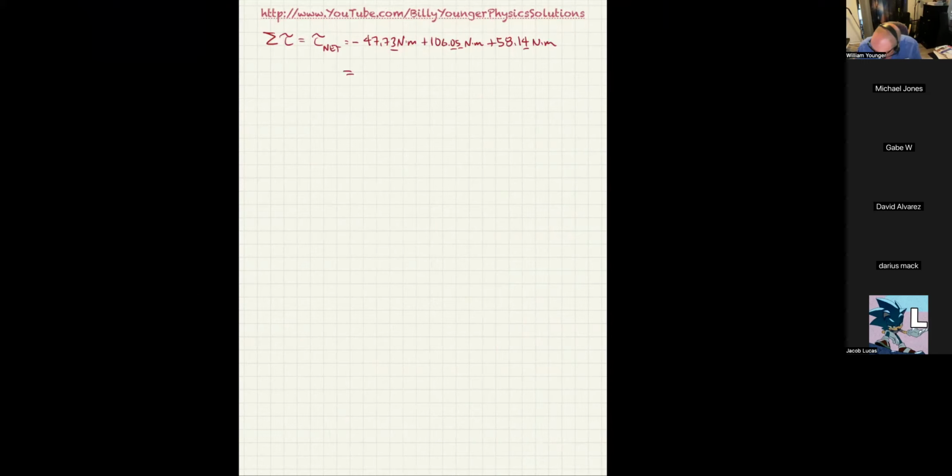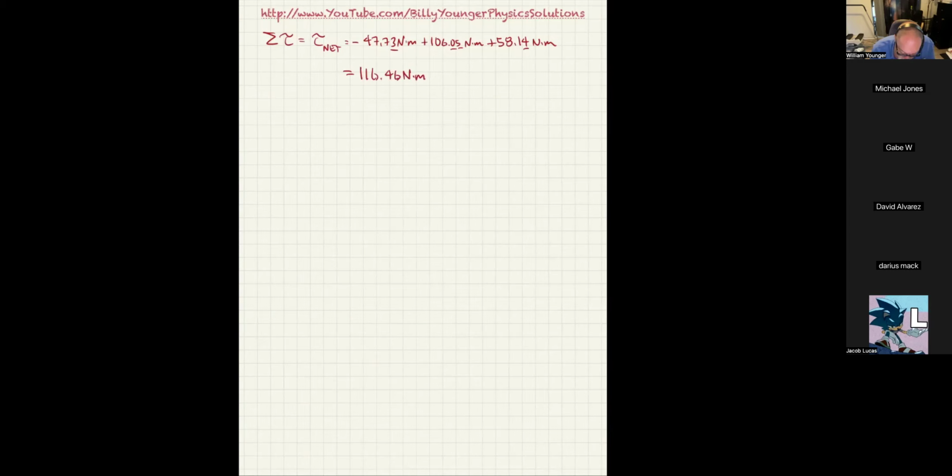So the sum of all these will be 106.05 plus 58.14 minus 47.73. That gives me 116.46 Newton meters, and that should be the net torque.